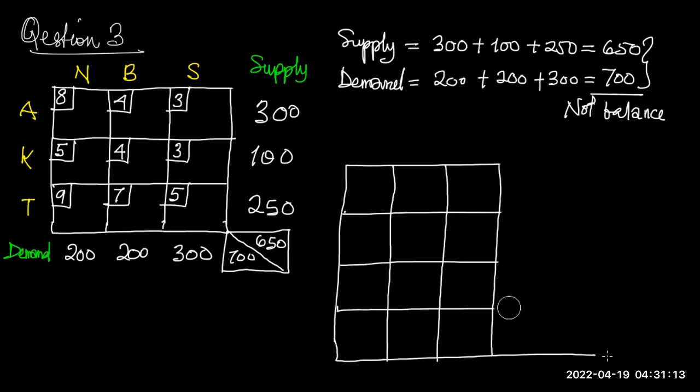Dummy row. Okay, that's 1, 2, 3, 4. Okay, so we have 8, 4 when you go to the dummy.